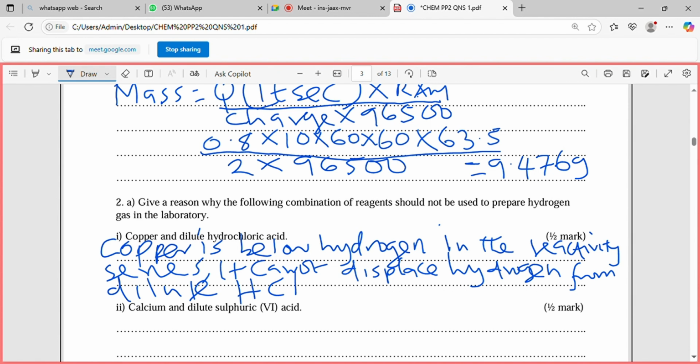So that's why copper cannot be used to prepare hydrogen gas.